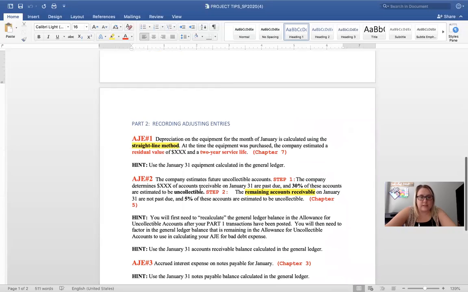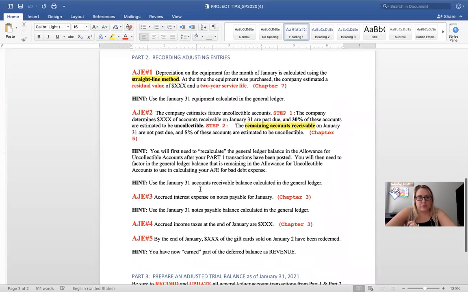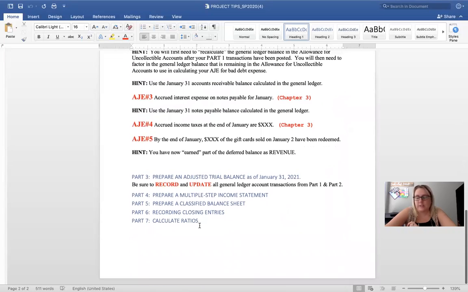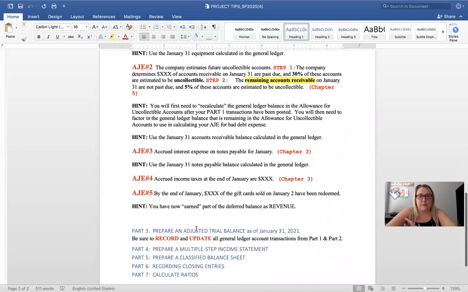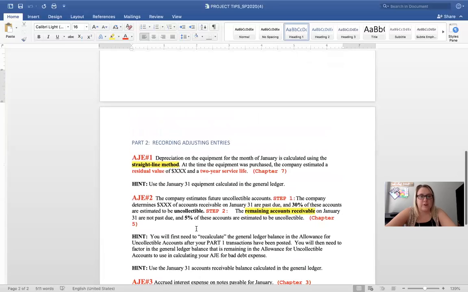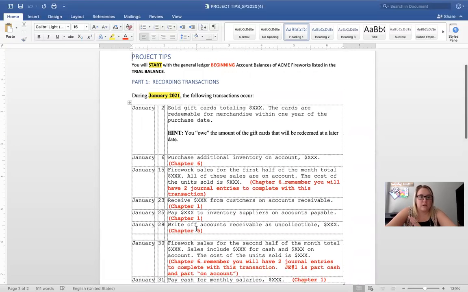And then the adjusting entries gives you some hints about those, and then how to finish this out. I highly recommend that you do some T accounts to help keep up with this. You got to do them by hand, but T accounts are going to be your saving grace on this project.